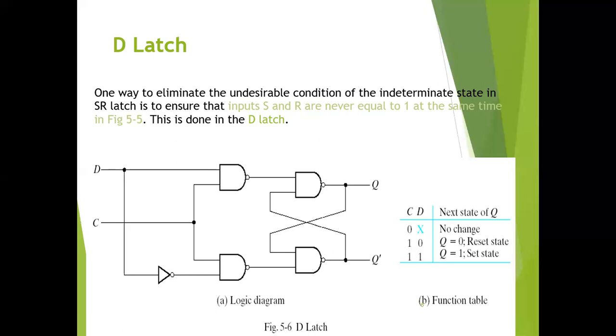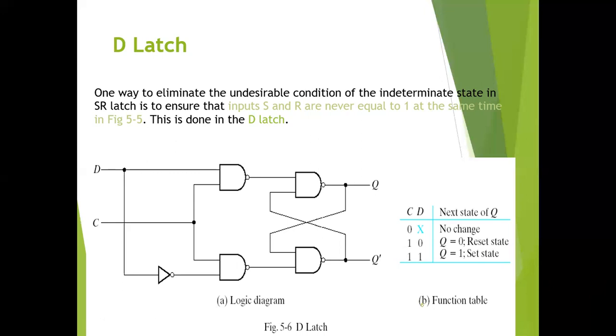The binary information present at the data input of the D latch is transferred to the Q output when the enable input is asserted, or when enable is high. The output follows changes in the data input as long as the enable input is 1, as we can see in this function table.